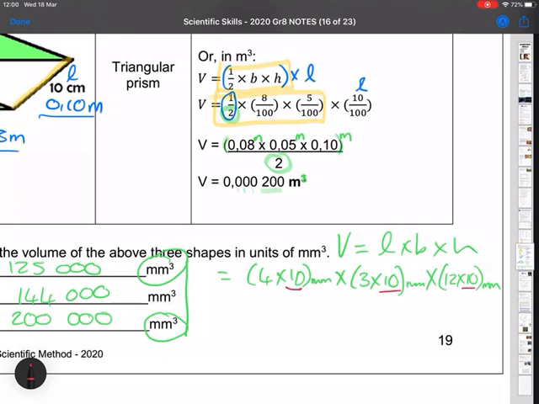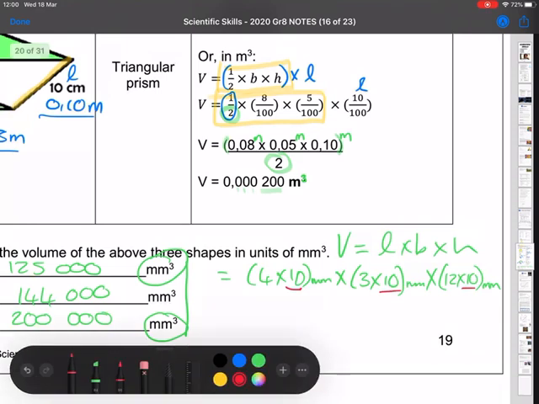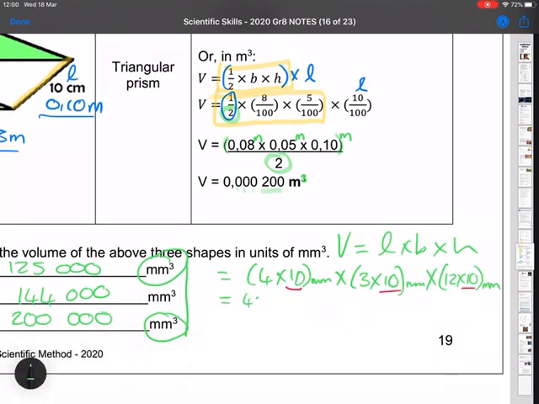So notice how we've actually done 3 conversions. One for the length, one for the breadth of the base, and one for the height. So we've times by 10 3 times, or times by 10 cubed. Alright, let's carry on. So 4 times 10 is 40 millimeters by 30 millimeters by 120 millimeters. And 40 times 30 times 120 gives 144,000 cubic millimeters.